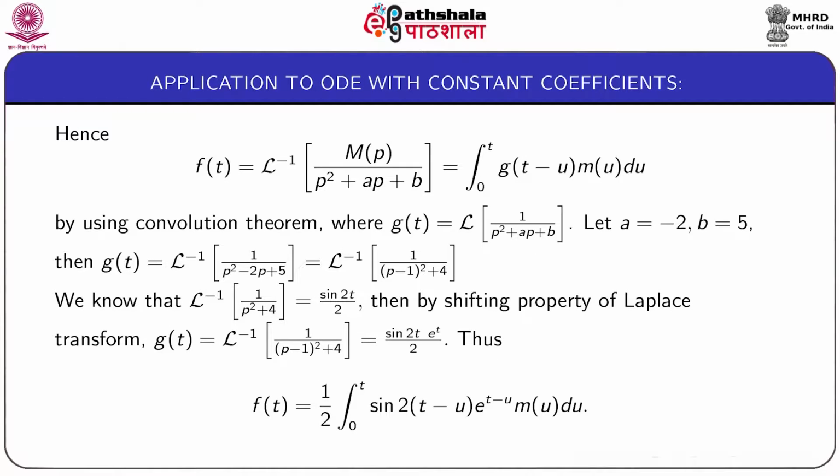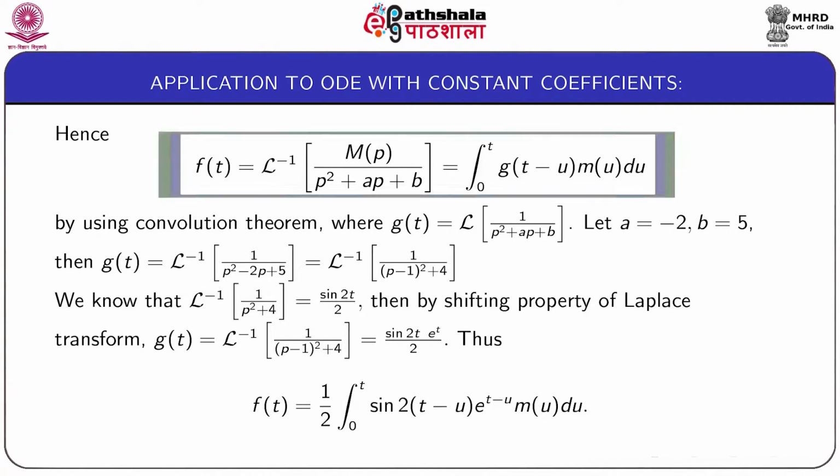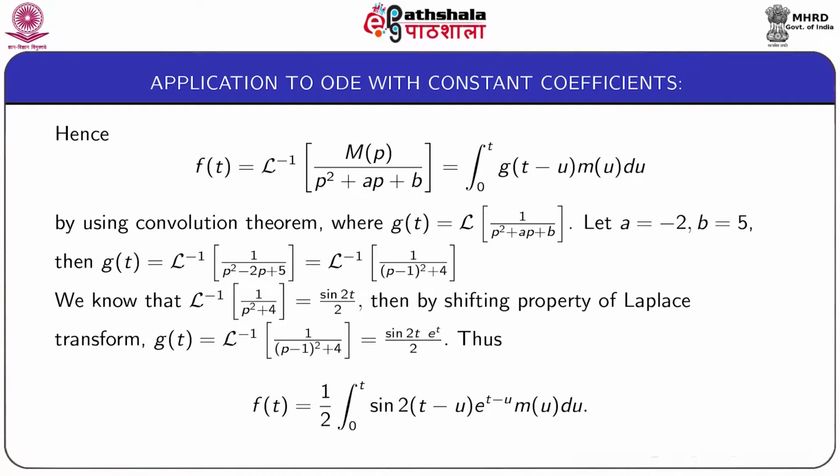Thus, taking Laplace inverse of F(p), we get f(t) as Laplace inverse of the right hand side, that is Laplace inverse of M(p) by p square plus ap plus b.